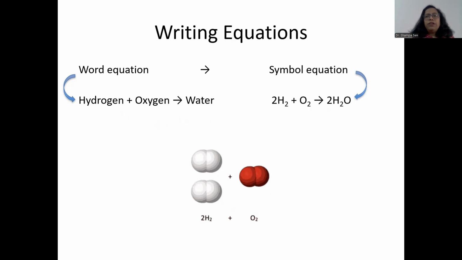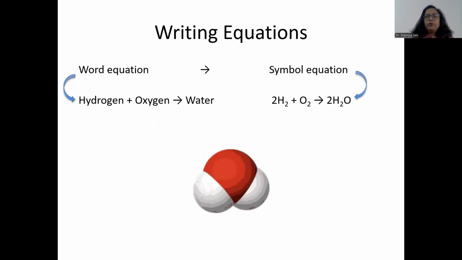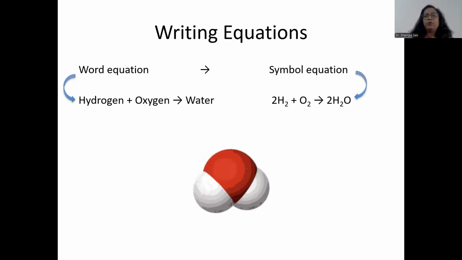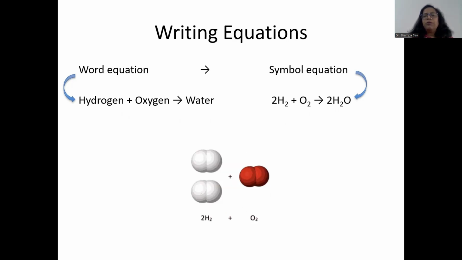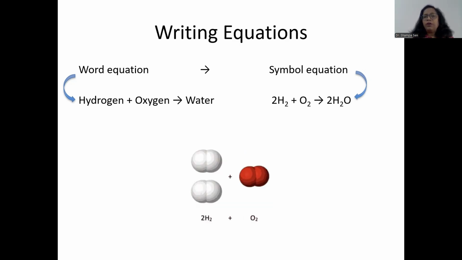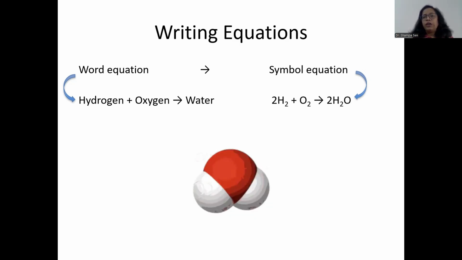If we have learned symbols and molecular formulas, and we use those to write chemical reactions, it will be easier, right? You can see the example here, hydrogen plus oxygen giving rise to water becomes so small when we write two hydrogen molecule plus one oxygen molecule giving rise to two water molecule.